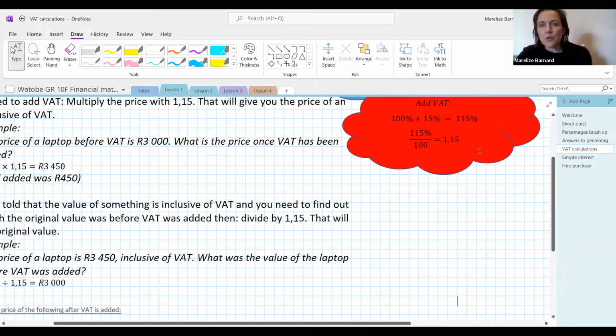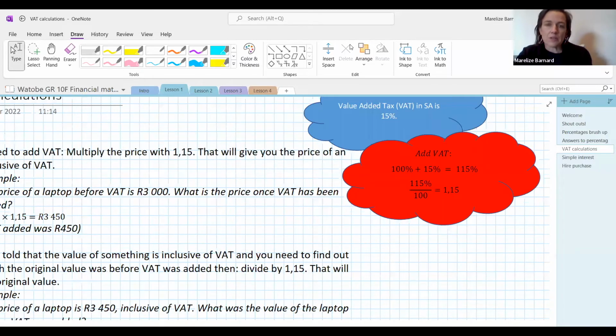So if we are adding VAT, the price of anything that we are buying, so for instance, this laptop, that is 3,000 Rand, and that is 100%. And we're going to add 15% to it. So a quick, easy way to do it is to say the new price will be 115% of the old price because we've added the VAT to it.